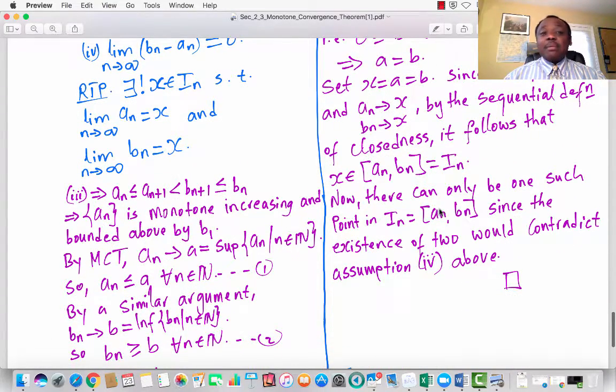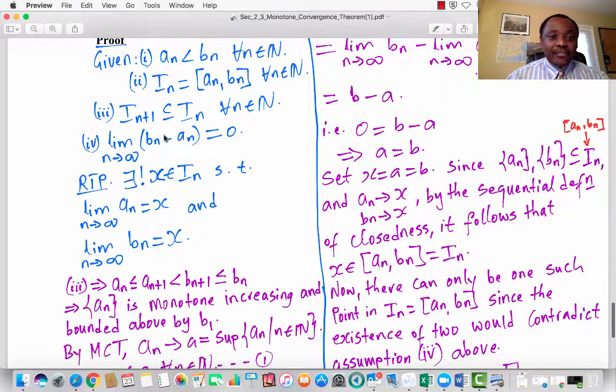Now, can there be more than one such value? No, there can only be one such point in the interval In. Why? Because the existence of two would contradict the assumption we have in 4 above. The limit of the difference is 0.